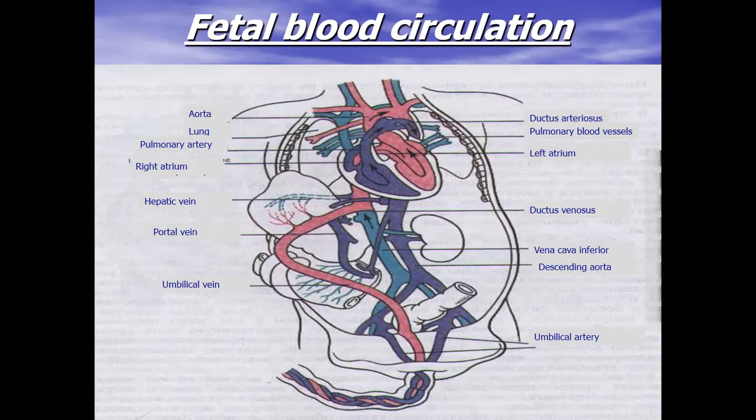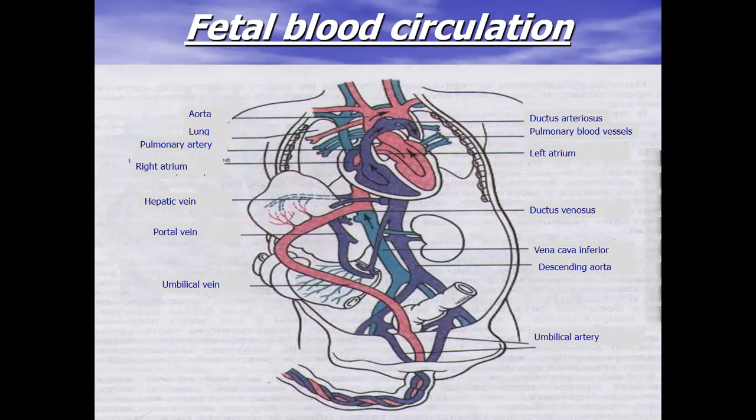A portion of blood, about 10% of all blood, runs from the right atrium to the right ventricle and then the pulmonary trunk. Since the pulmonary circuit in the fetus does not operate, and pulmonary blood vessels have a high resistance to flow, this portion of the blood is directed from the pulmonary trunk to the aortic arch via the ductus arteriosus.